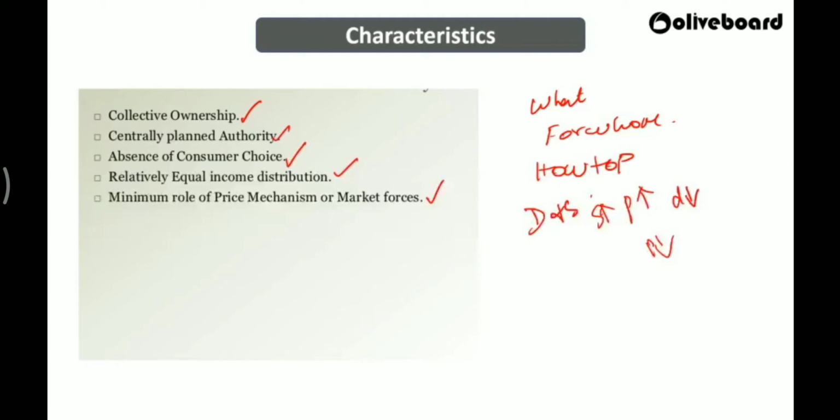Obviously no, right? So that is why we say minimum role for a price mechanism. So these are all the characteristics of which economy, guys? Planned economy. So collective ownership, centrally planned authority, no choice for the consumer, relatively equal income distribution, and minimum role of price mechanism.